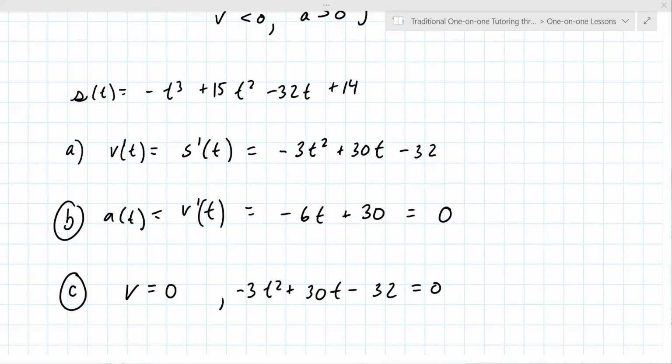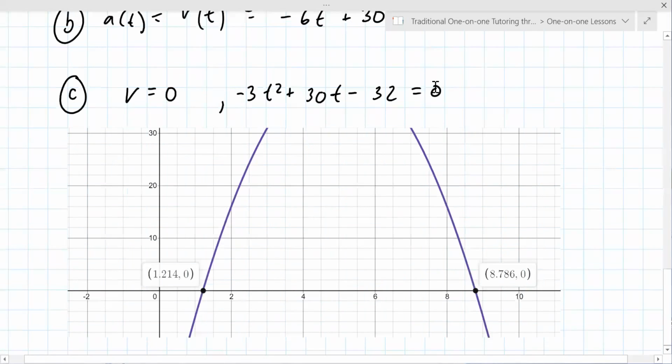Okay. Let me snip in the graph so that we can look at it together. I need to remember the quadratic formula. Yes, you absolutely do, but you get to a point where you just graph stuff. So it's 0 at these two places. You know, 1.24, 8.786. Is that what you got?